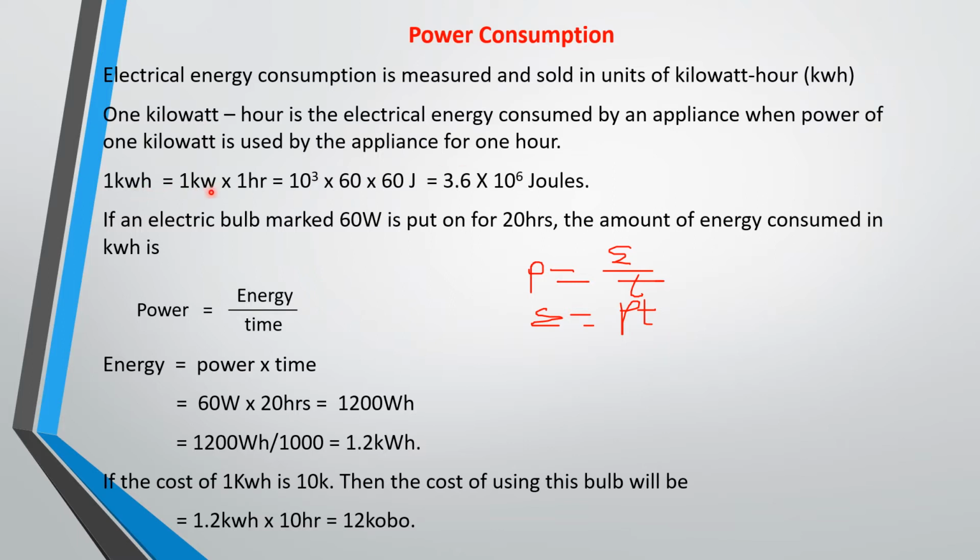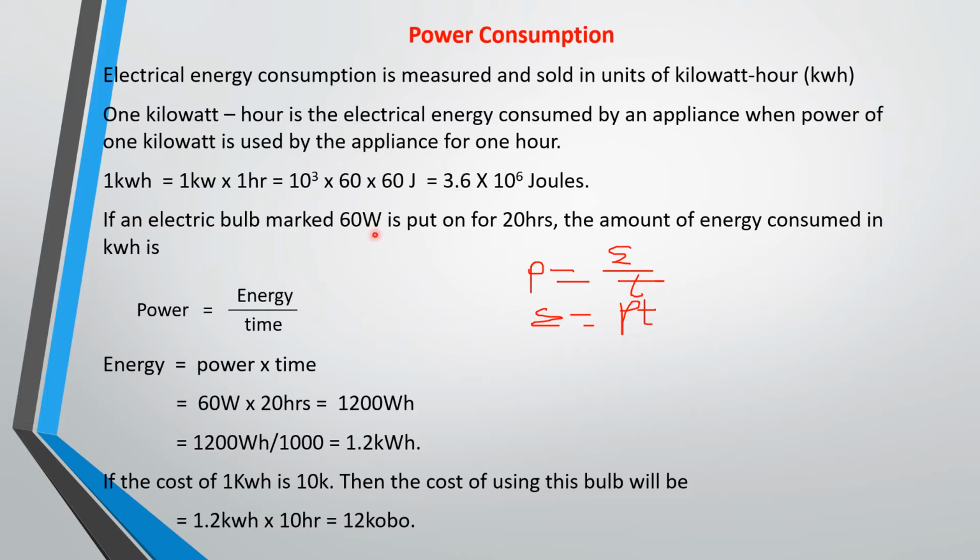So 1 kilowatt is 10 raised to power 3 watts. 1 hour converted to seconds is 60 times 60. That gives you 3.6 times 10 to the power 6 joules. This is the quantity of energy that is consumed in 1 hour.